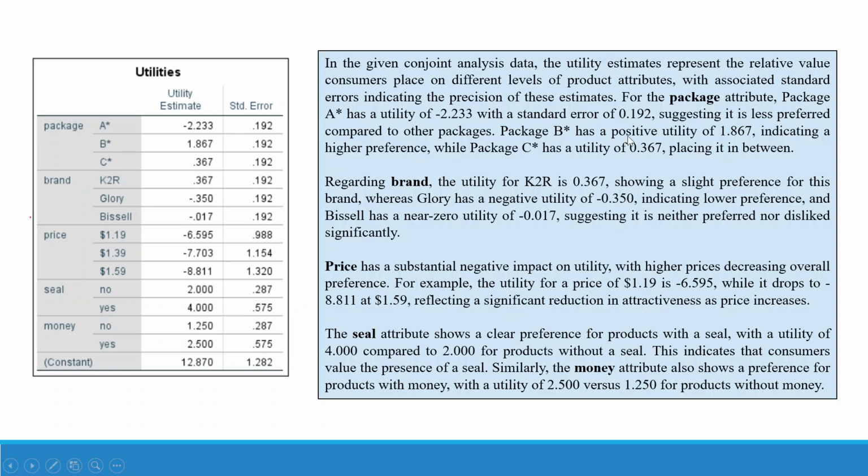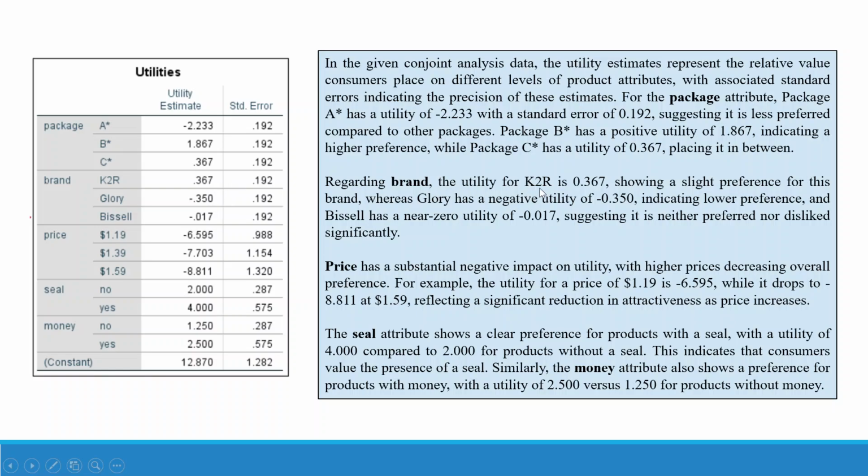Package B has a positive utility of 1.867, indicating a high preference, while package C has a utility of 0.367. So this is 1.867, this is 0.367, placing it in between. Okay. Regarding brand, so K2R is positive and Glory is negative.